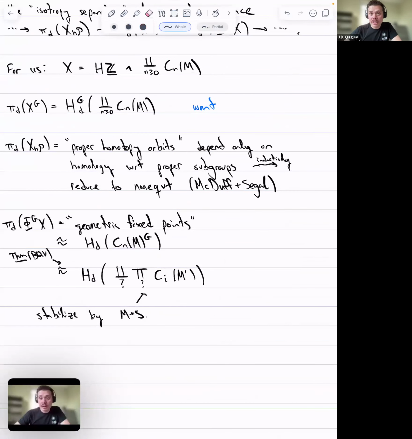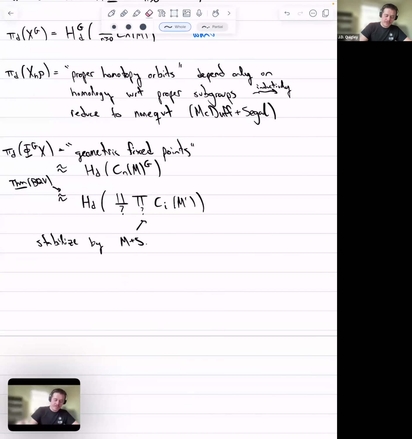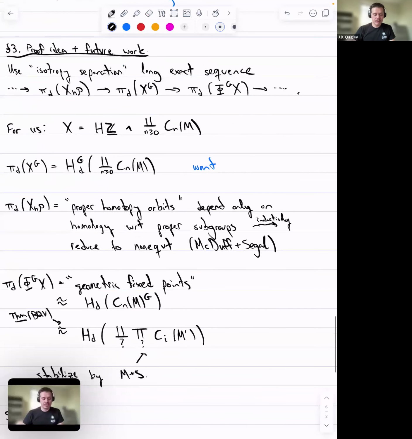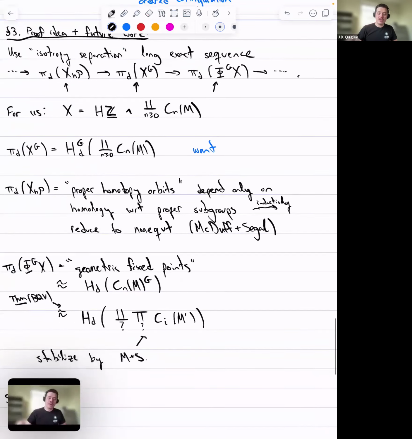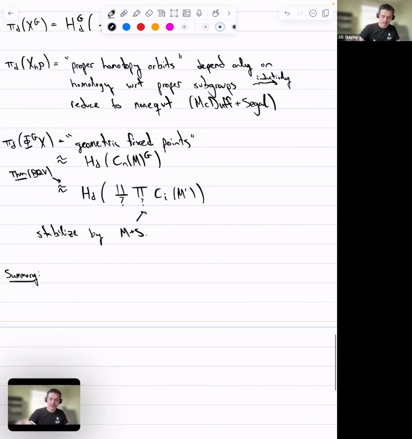And in the last minute or two, let me just write the summary and the plan for future work. So what was the point of the isotropy separation sequence? So we wanted to understand this Bredon homology, and to do it, we understand this other proper homotopy orbits, which reduces to a non-equivariant stability statement, and geometric fixed points, which by some geometric argument also reduces to non-equivariant stability.